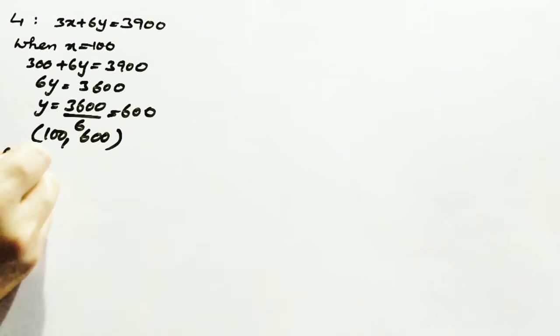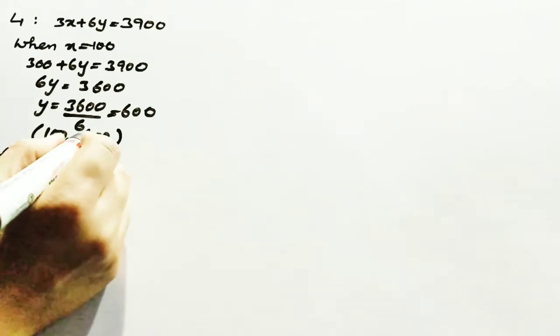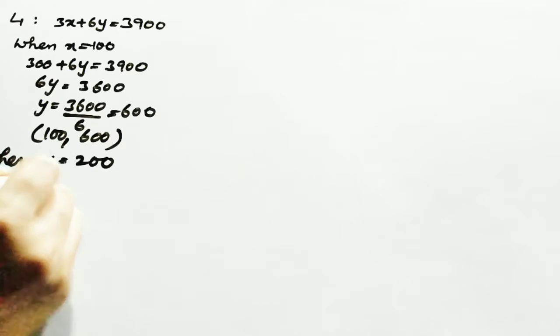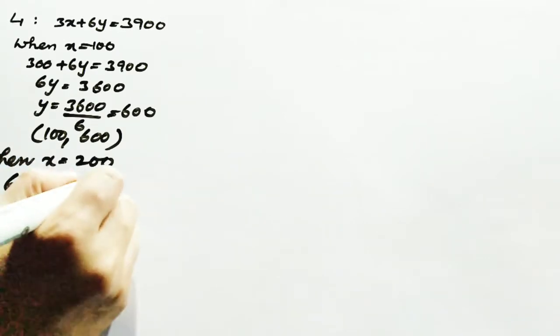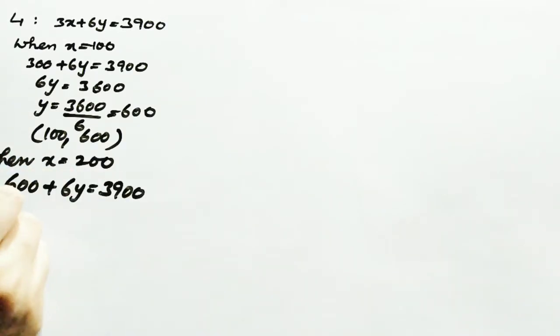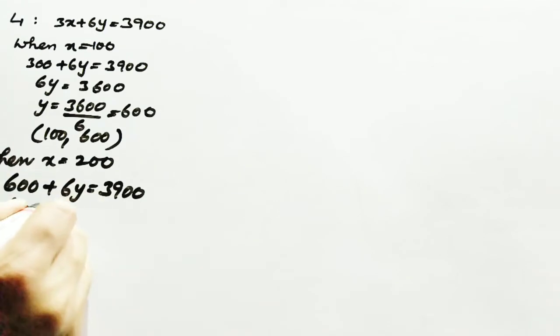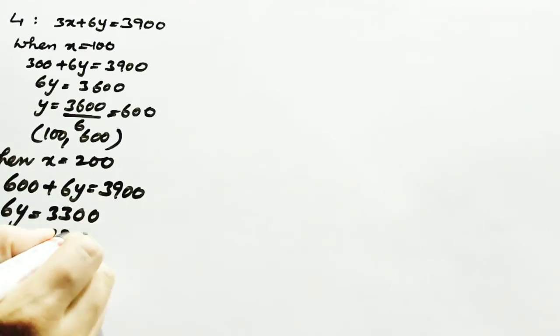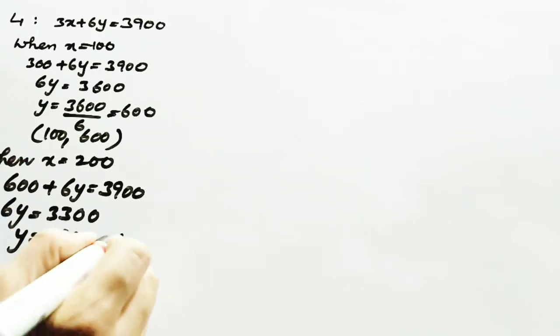Then take one more coordinate point value. x is equal to 200. 600 plus 6y equal to 3900. 6y equal to 3900 minus 600, you will get 3300. y equal to 3300 by 6, what you will get? 550.